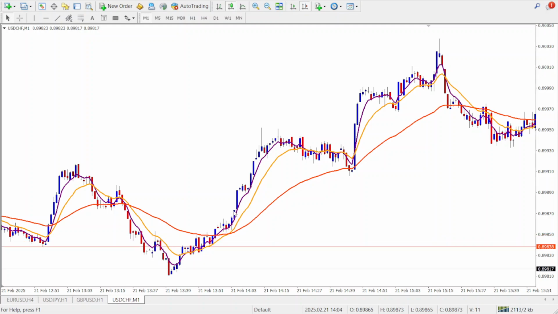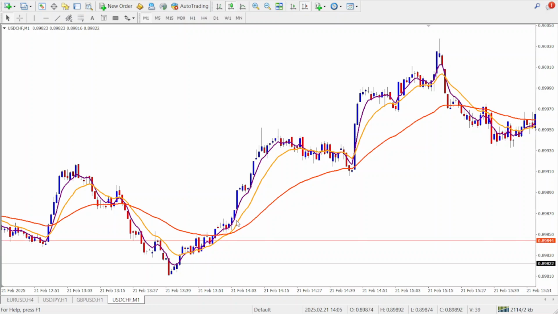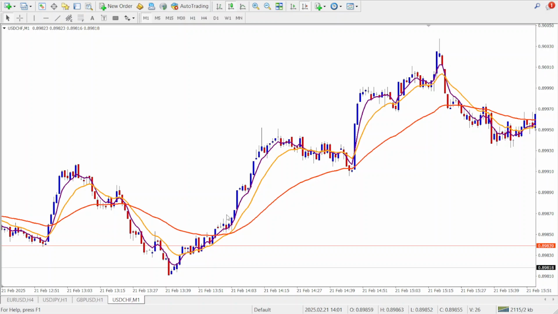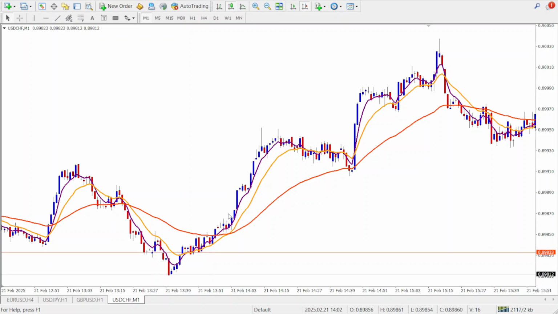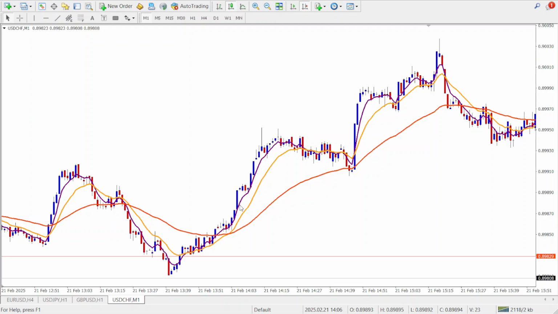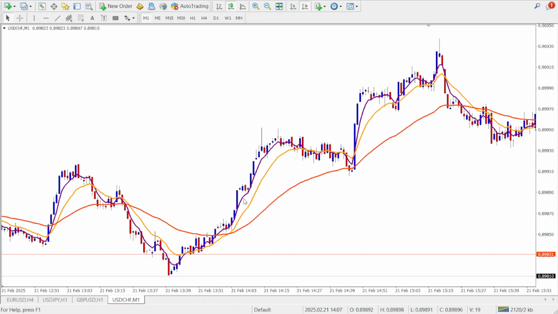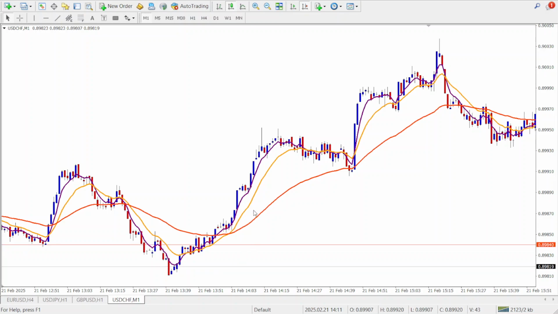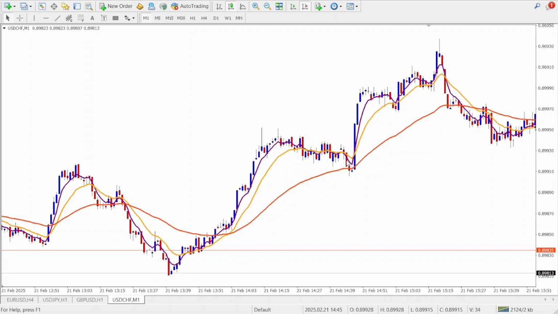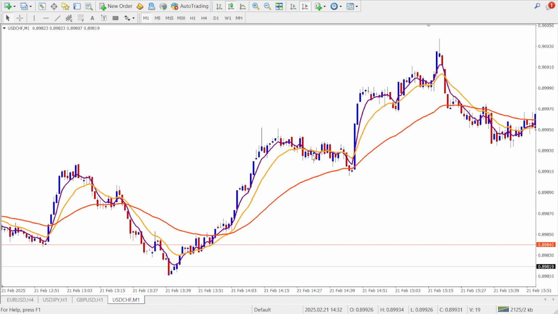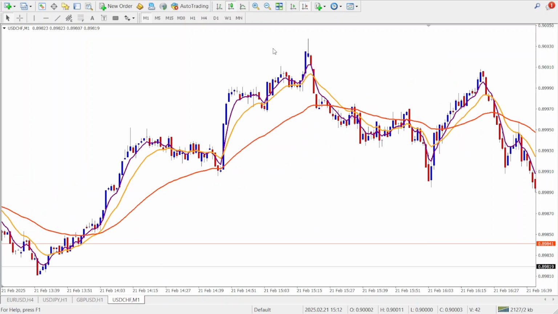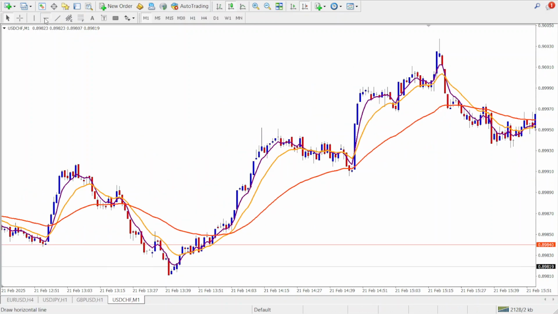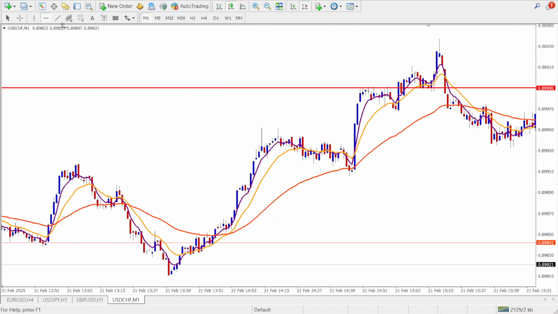This confirms the overall uptrend. Then you wait for price to pull back near the 13 EMA before entering the trade. Then you set your stop loss a few pips below the recent low. Then you exit when the 5 EMA crosses back below the 13 EMA or when the price reaches a key resistance level.